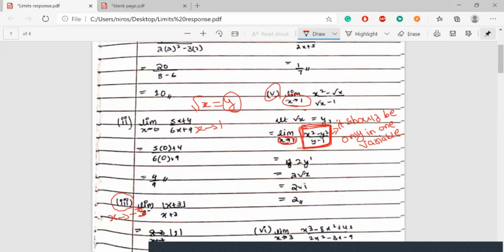When x tends to 1, what is the value of y? y also tends to 1, that is root 1. So here also it comes as limit y tends to 1. You should not keep x. All should be in one variable.